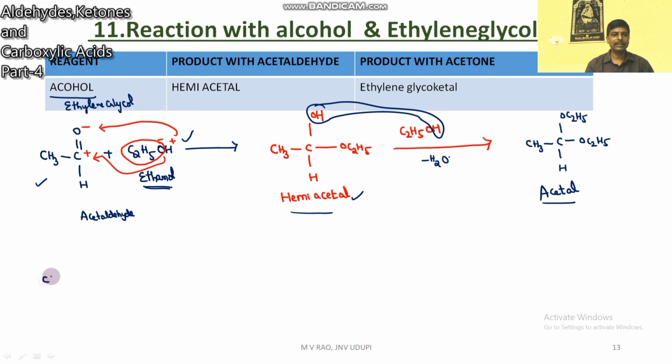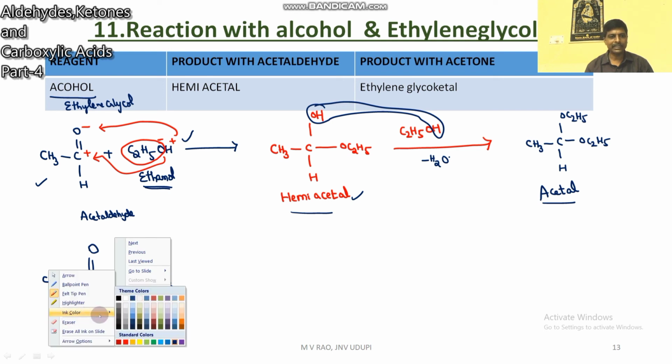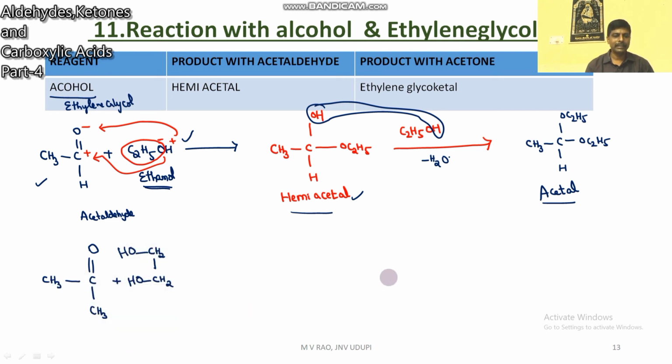But with a ketone, the reaction is a little bit different. It is the reaction of the ketone, CH3 C double bond O CH3, with ethylene glycol, CH2OH CH2OH. When a ketone reacts with ethylene glycol, actually it is addition with loss of water, whereas for an aldehyde the step is addition without loss of water.